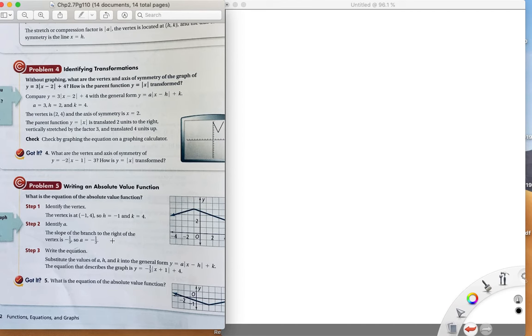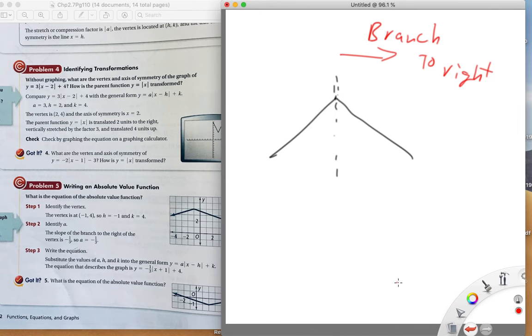Now it says the phrase branching to the right, and what that means is that we want to take the slope. This would be our axis of symmetry. Anything to the right side of the function is called branching to the right, and anything to the left is called branching to the left.